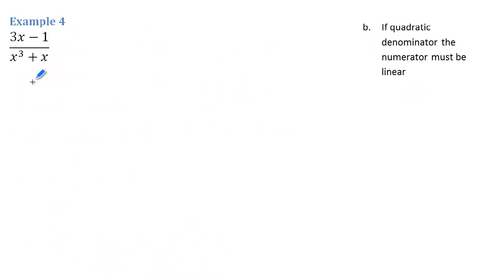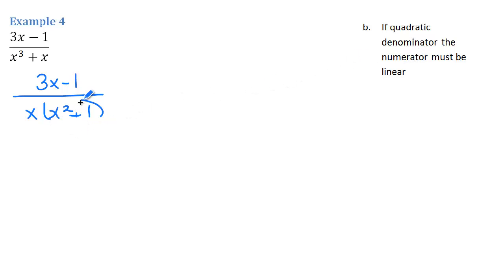Here's a fourth example. We'll take 3x minus 1 and put it over the factored denominator of x times x squared plus 1. Notice that in this situation we have a quadratic in the denominator. So that means that the numerator has to be linear.